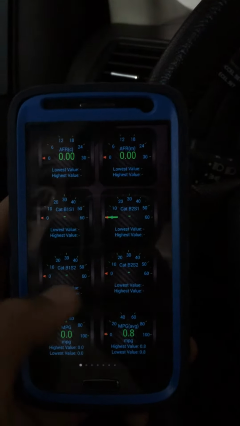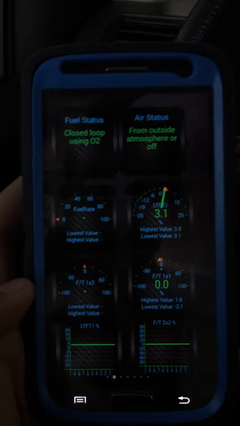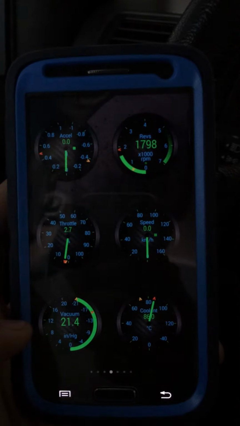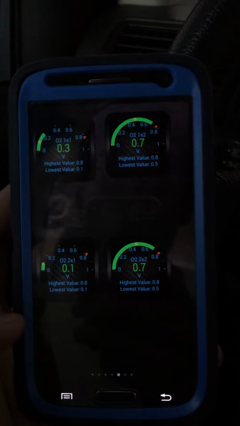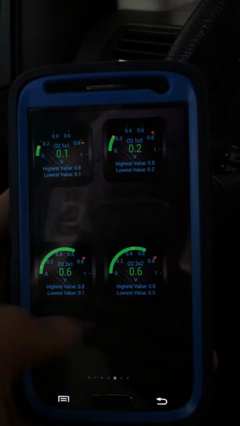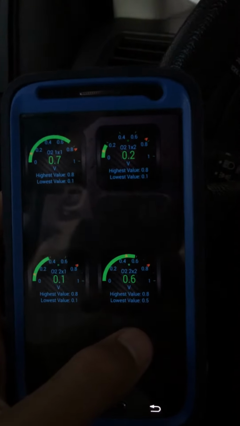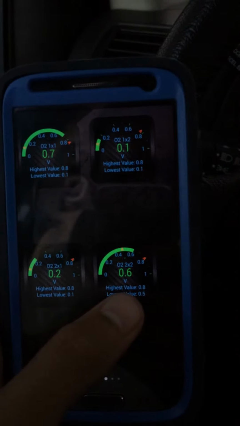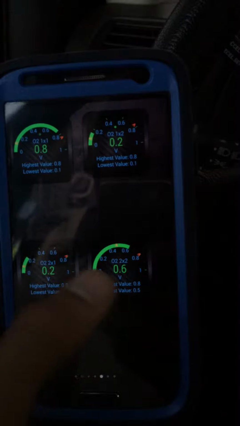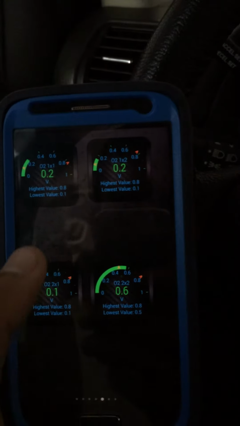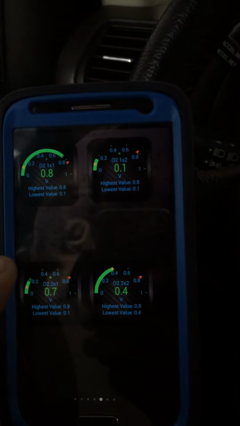Now I'll apply a little throttle, and I'll cycle through these pages. The O2 2x2 and 1x2 actually changed from around 0.7. This one went to 0.2. This one is 0.6. I mean, it's somewhat near to 0.7. And these two are still oscillating from around 0.1 to 0.8.